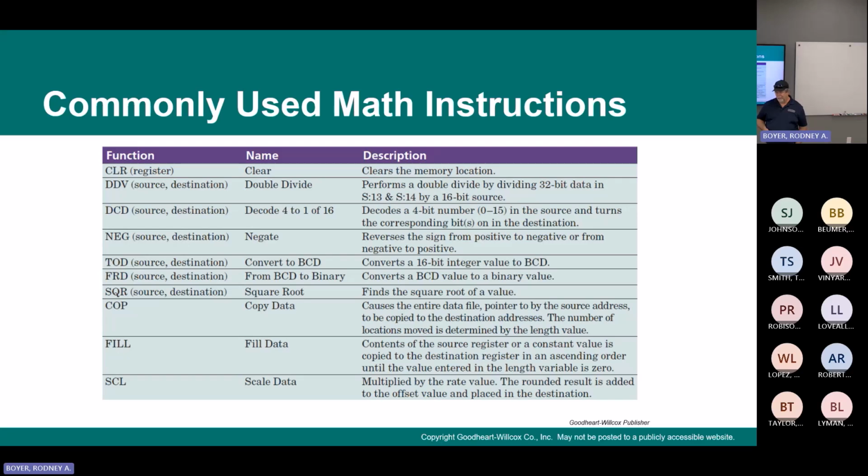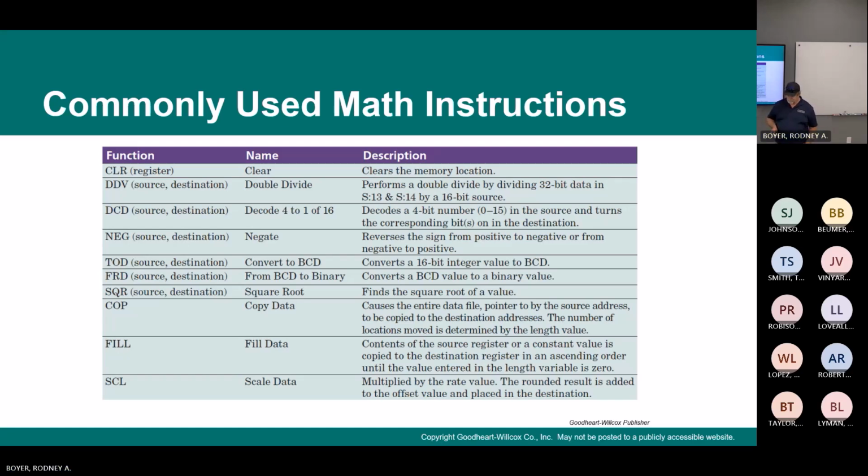Double divide: divide a 32-bit number by a 16-bit source. I've never personally used that. Decode 4 to 1 of 16. Also never used that. Negate, all that does is flip the sign. Positive becomes negative, negative becomes positive.